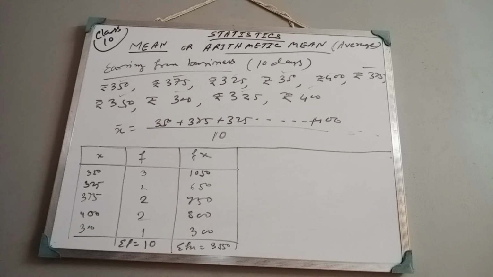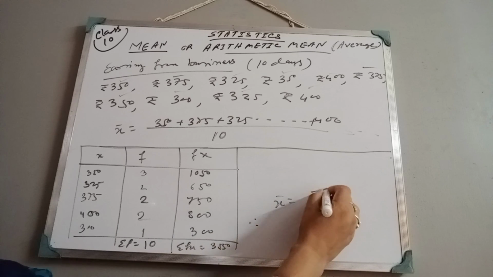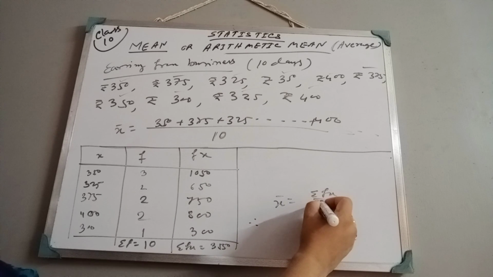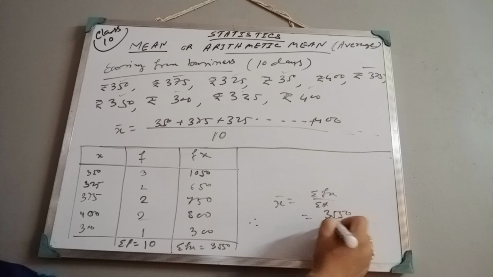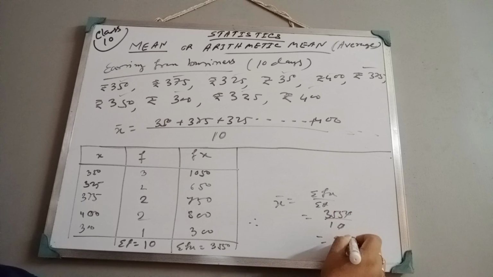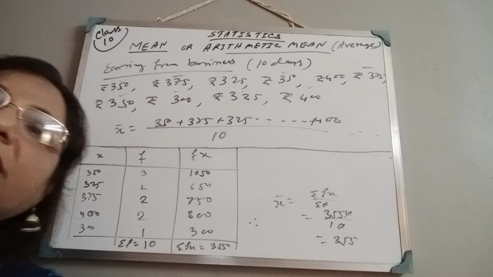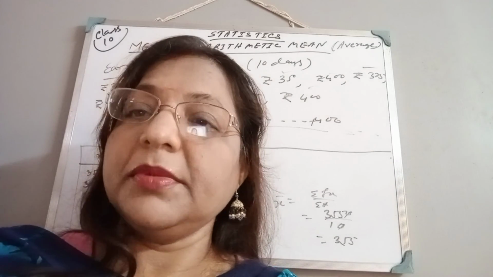Therefore the average x bar will be sigma fx by sigma f, which is 3550 by 10, so it is 355. So this is the average, that means the arithmetic mean of earnings for 10 days. Okay, now the next explanation is coming in a new video.